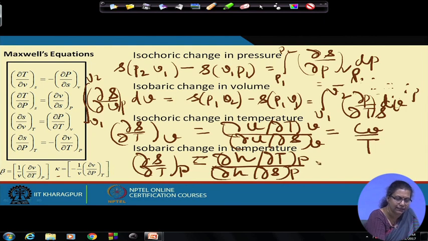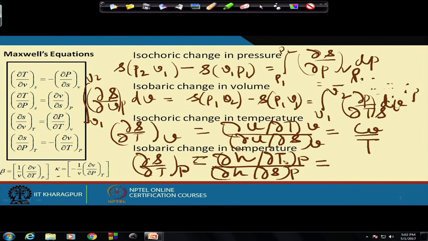Again we know del H del T at constant P is nothing but equal to del Q del T at constant P, which was equal to Cp, and from the original dH equals T dS plus V dP, we get del H del S at constant P equals T. So, in this particular way we have been able to relate the change in entropy with change in pressure, with change in volume, with change in temperature at constant volume, and with change in temperature at constant pressure.